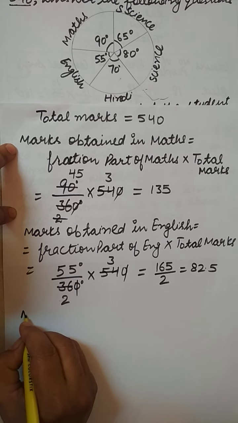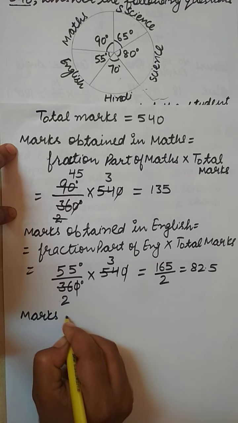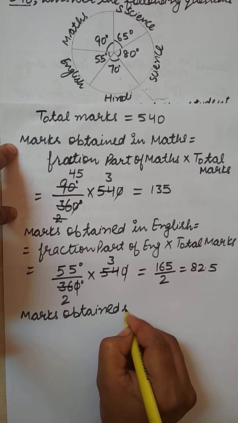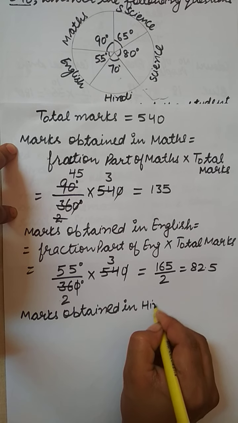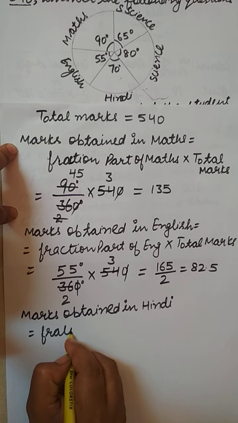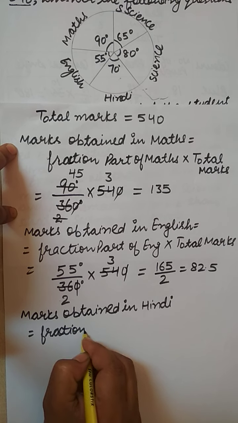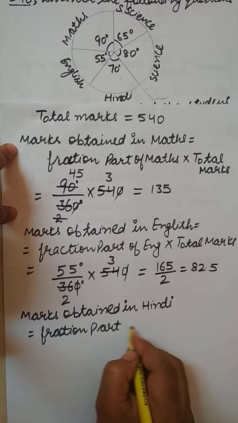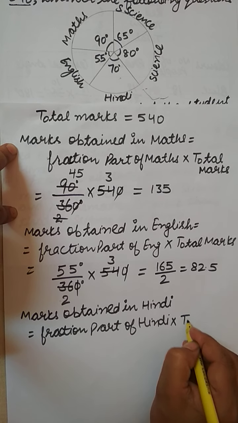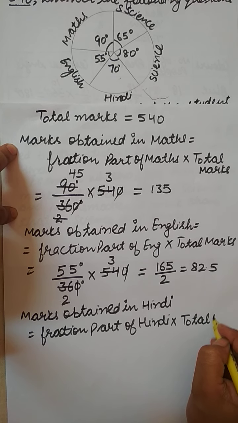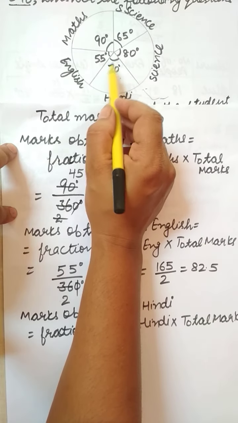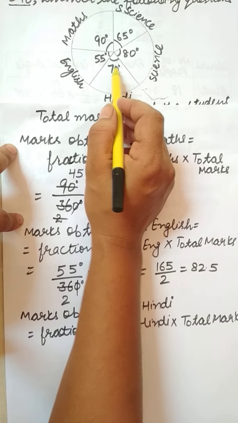Now marks in the subject of Hindi. Marks obtained in Hindi will be equal to fraction part of Hindi multiplied by total marks. Now for Hindi the central angle is 70 degree.